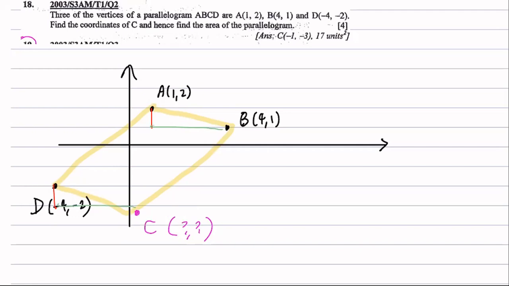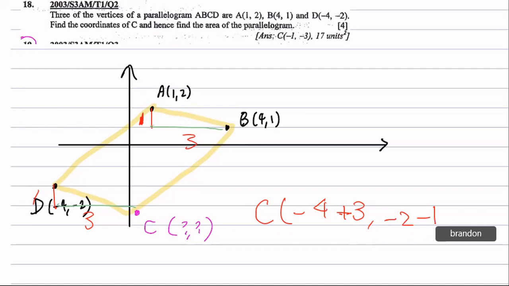Okay, this is 1. Oh wait, this is 1. Then this is 3, 1, 3. So C is negative 4 plus 3, comma, negative 2, negative 1.